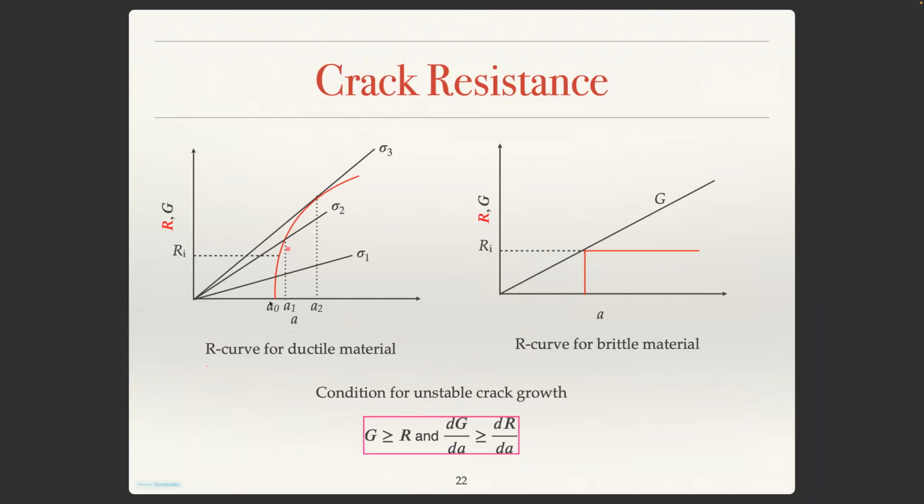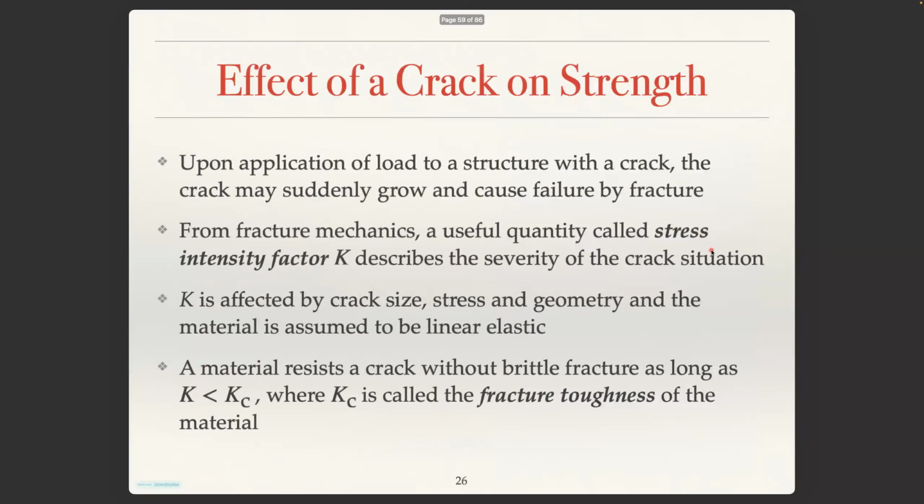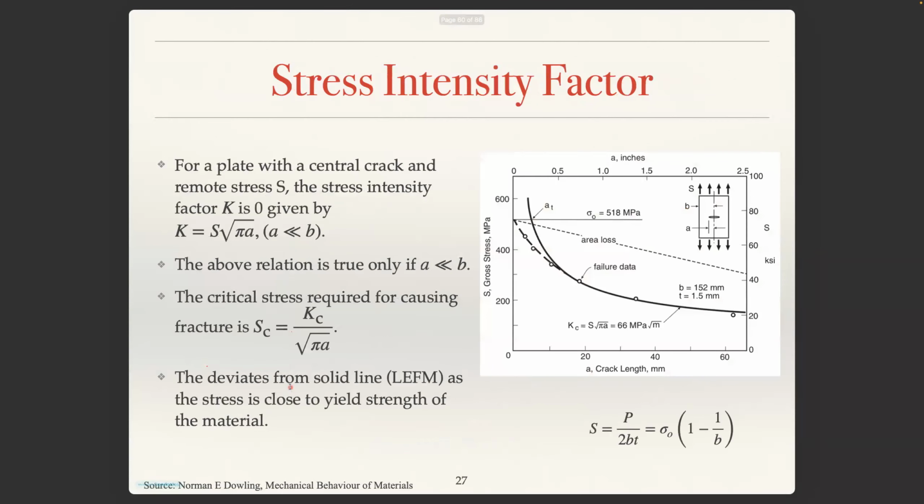Here the fracture toughness depends on the size of the crack, that is for the ductile material, whereas for a brittle material, fracture toughness is independent of the crack size. K is your stress intensity factor, Kc is fracture toughness or critical stress intensity factor. As long as K is less than Kc, the material will not fail, otherwise it will fail. Okay? Any questions?